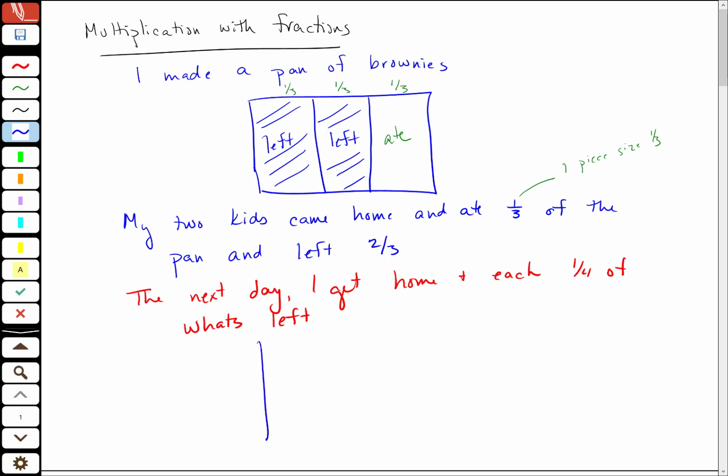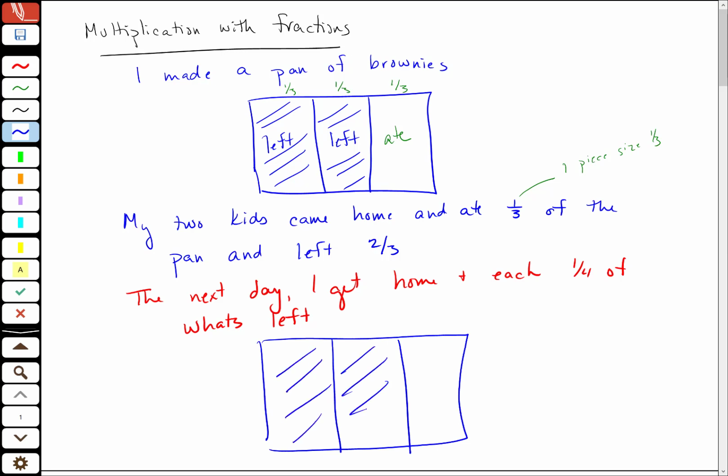Right? Okay, so now really we understand. So here's what my kids left me, right? And really we understand that I need to split this whole thing, what's left, into 4 pieces and eat one of them, right?